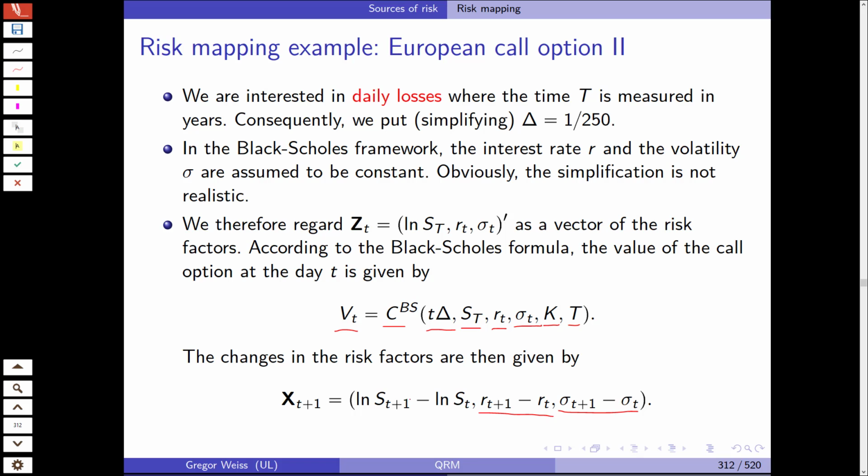So these three are the risk factors. It's obvious that from today until tomorrow, the change in time is deterministic. It's one day. The strike is fixed, maturity is fixed.